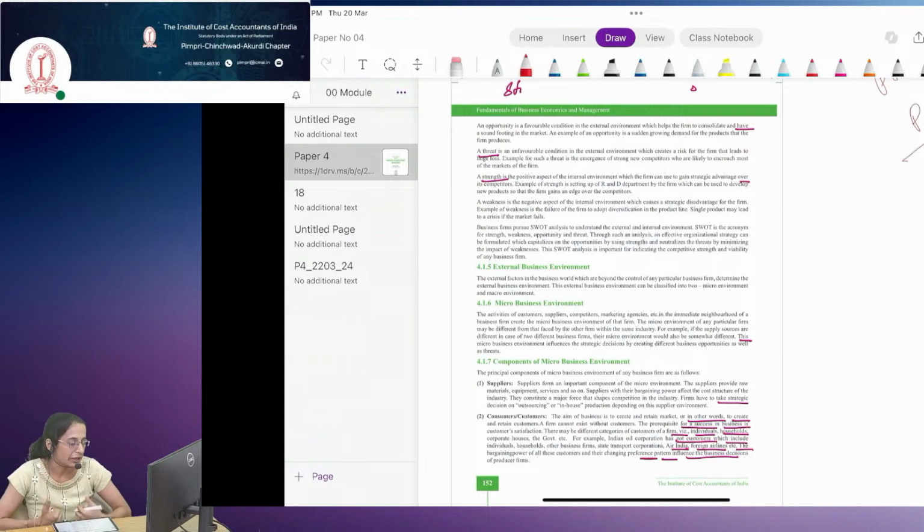So if you operate only in a single product, you don't have diversification of products, that could be your weakness, right? And this weakness can create problems in future for you as a business.